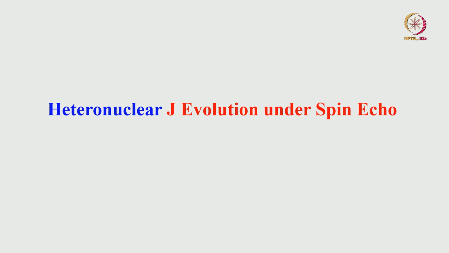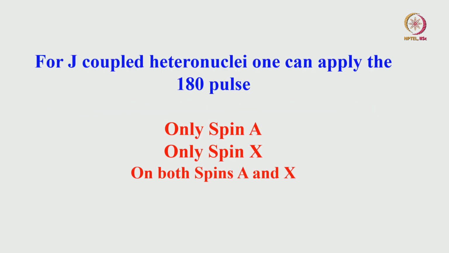You may ask me a question: what happens if I consider the heteronuclear spin? Not homonuclear, like two protons. Instead, I will consider proton and carbon, a heteronuclear spin. How does the J evolution take place under a spin echo? Now we can think of several possibilities.